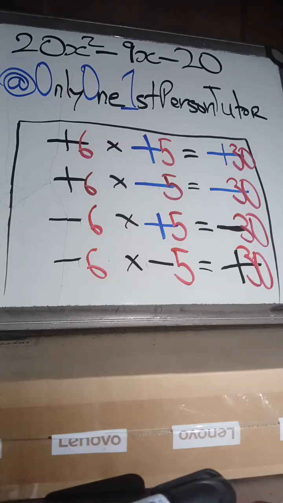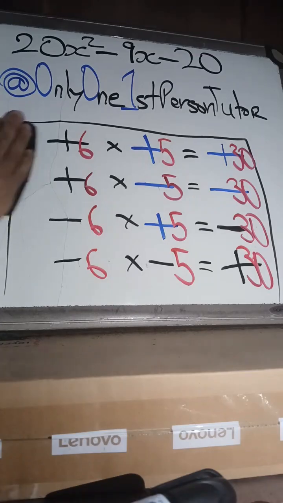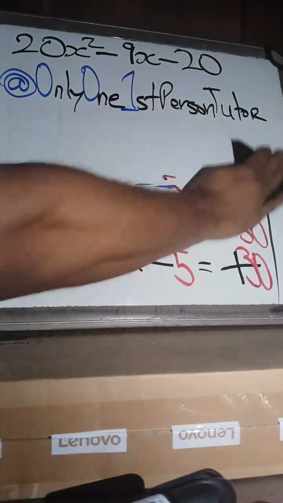And then of course when you multiply a minus by a minus, it cancels out. Right? So I wanted to explain that, so that when I do everything else, it makes sense.